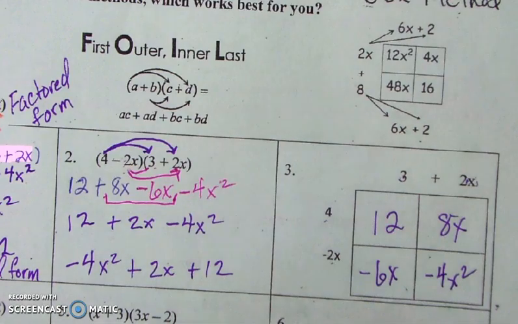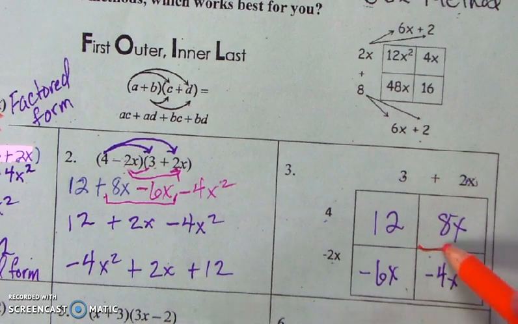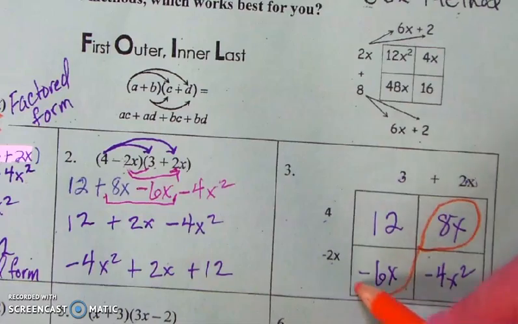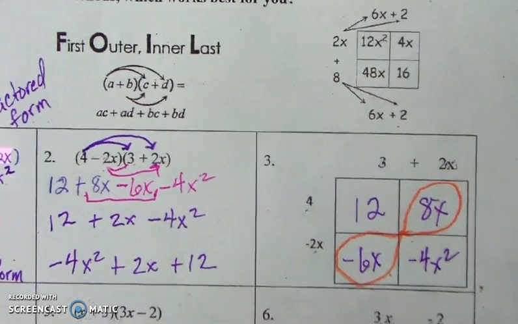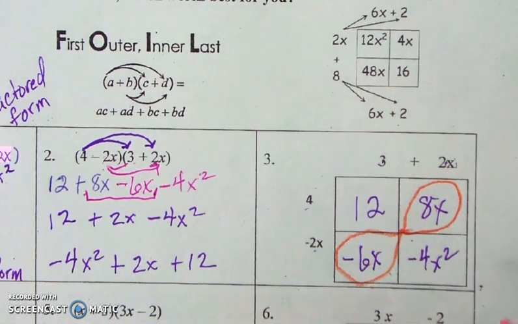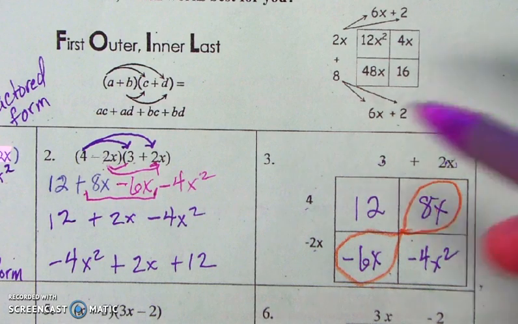Okay, so what do I notice about that? I've got these two numbers that go like this. These two go together. Those are the two numbers that need to be combined. So now I've got them in the box. I need to be able to get them out of the box. Because I've got a picture of all my numbers, I've got a good visual of them. When I bring them out of the box, I can bring it out in standard form. So what's the first number I want to take out of that box that's going to go first?